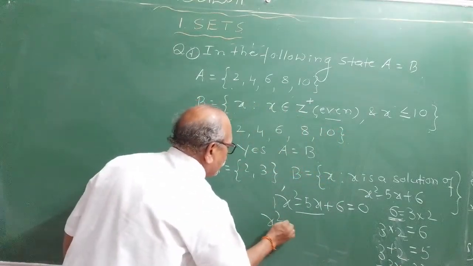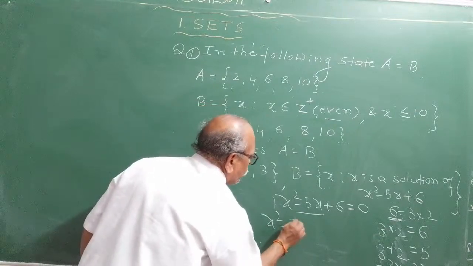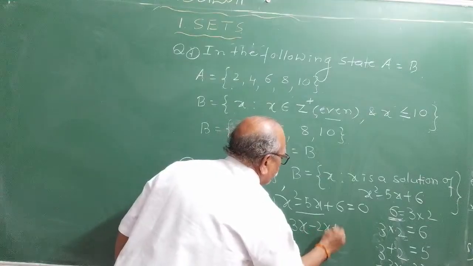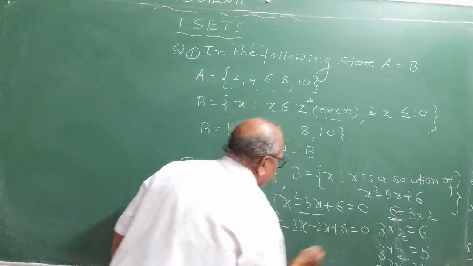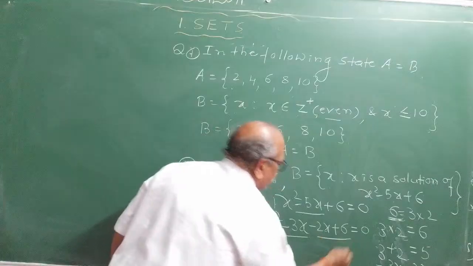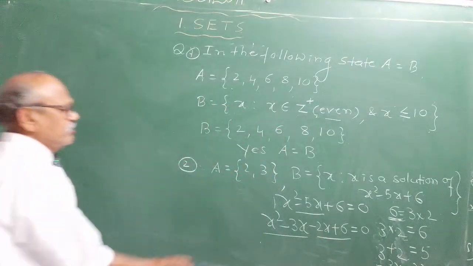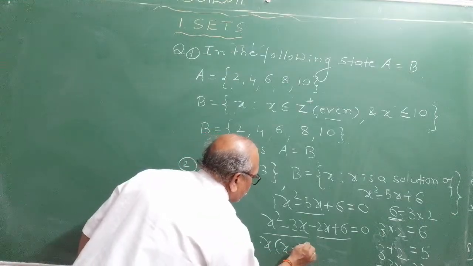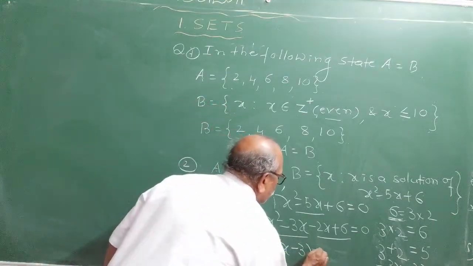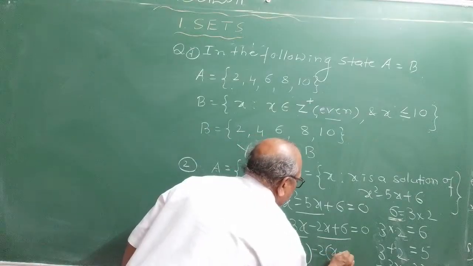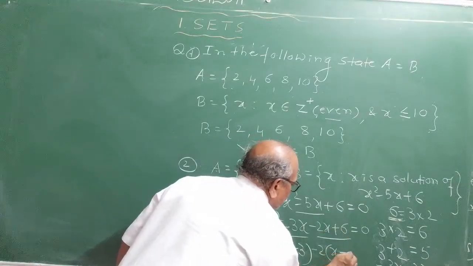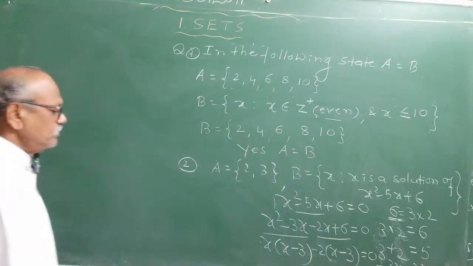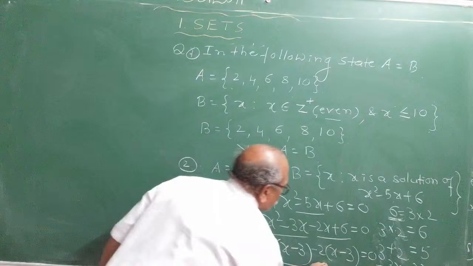Now you can split it. You will get x square minus 3x minus 2x plus 6 is equal to 0. You studied this in the 9th standard and 10th standard. Splitting the middle term. Take x common. You are left with x minus 3. Take minus 2 common. You are left with x minus 3 is equal to 0. Now, in these two terms, what is common?